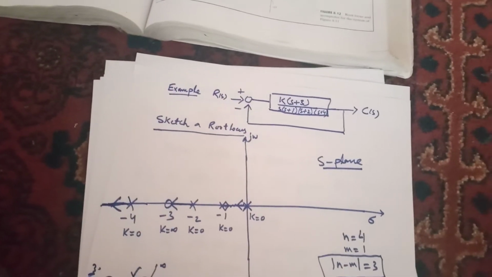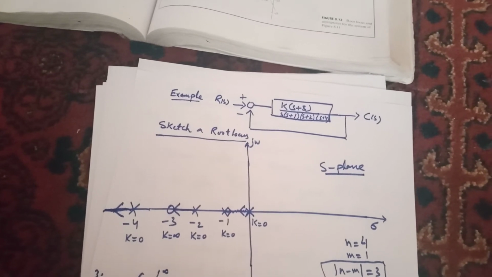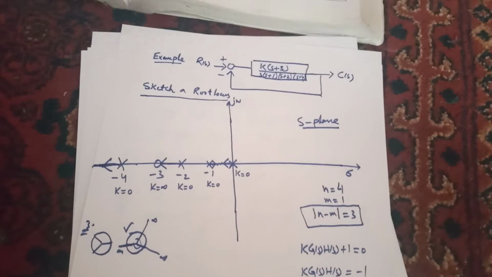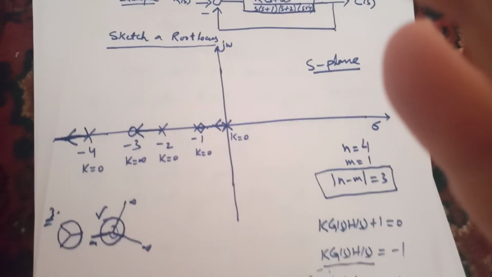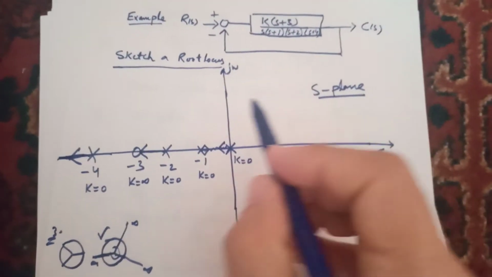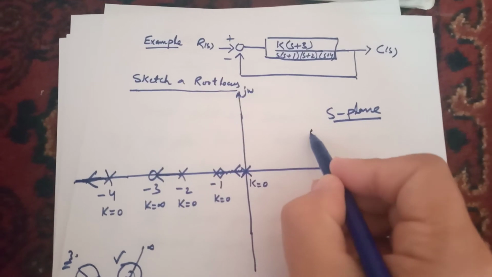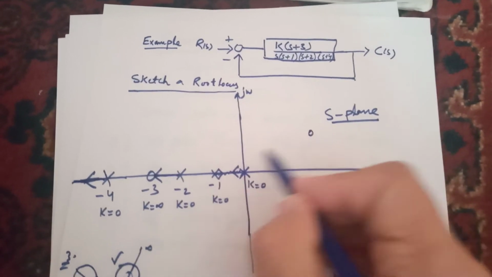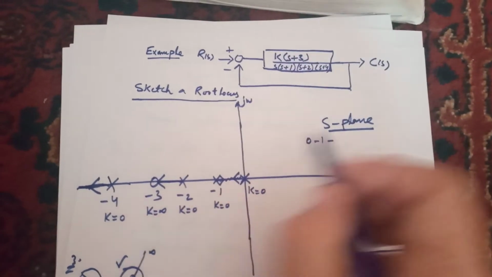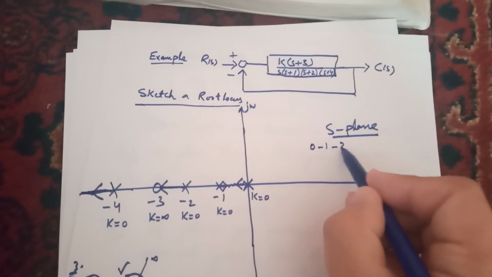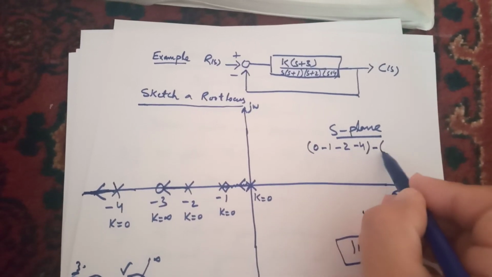So now the question is where I put this number to show the asymptote. This is a little calculation I need. How I made this calculation is very simple. I just look at the location of poles. Pole is at 0, then pole is at -1, then -2, then -4. I just add all these and put a minus sign here.